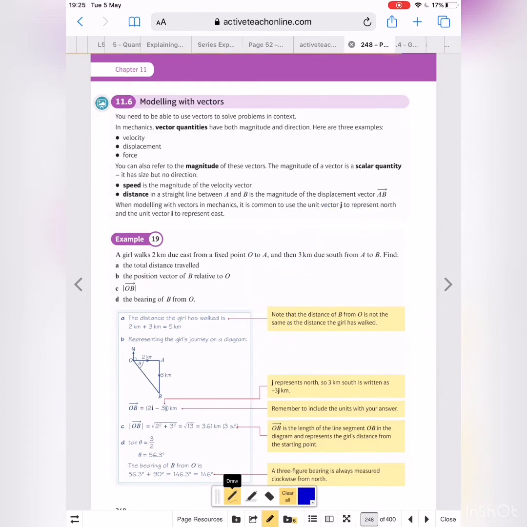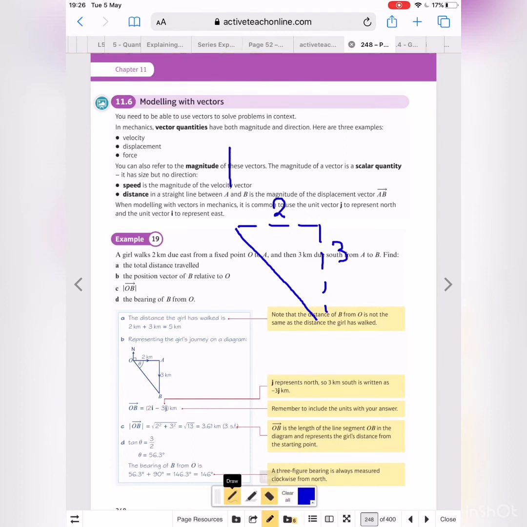Okay, so then the bearing of B from O. What I would always do is draw out what we know. So we know that along there is 2 and down there is 3. Okay, and we want the bearing. Now remember, we always measure the bearing from north.